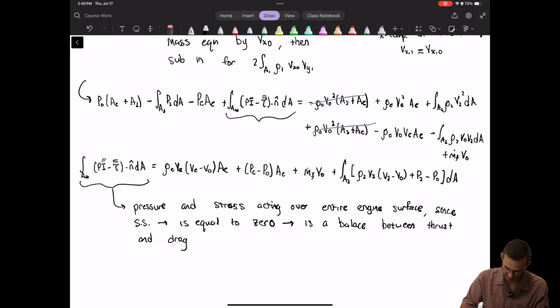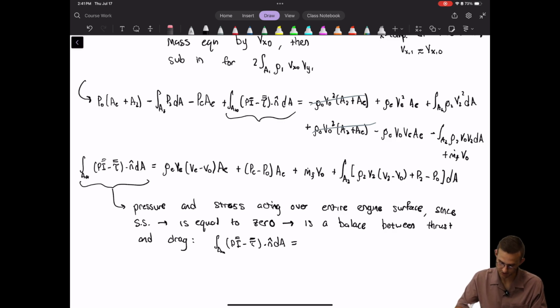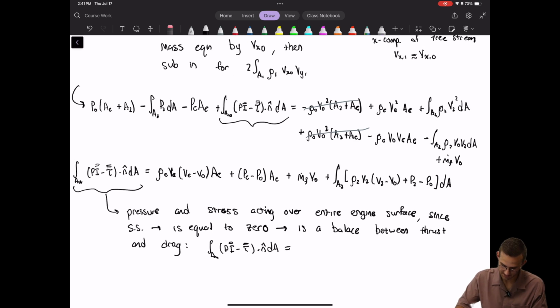So we know that this integral over aw of pi minus tau dot n hat dA, we're going to define these terms as thrust and drag, or T and D, where it's equivalent to T minus D, which is equal to 0.